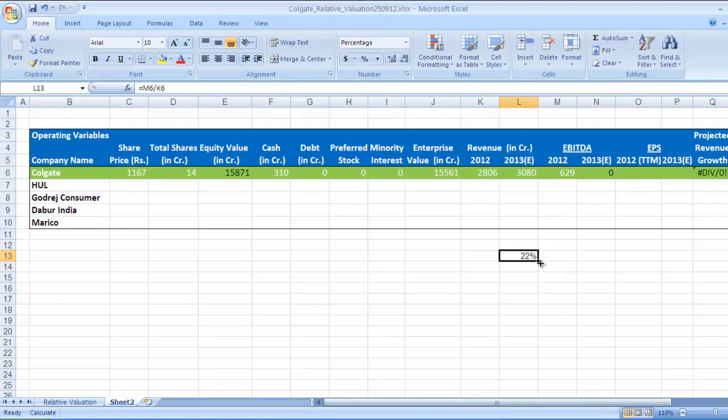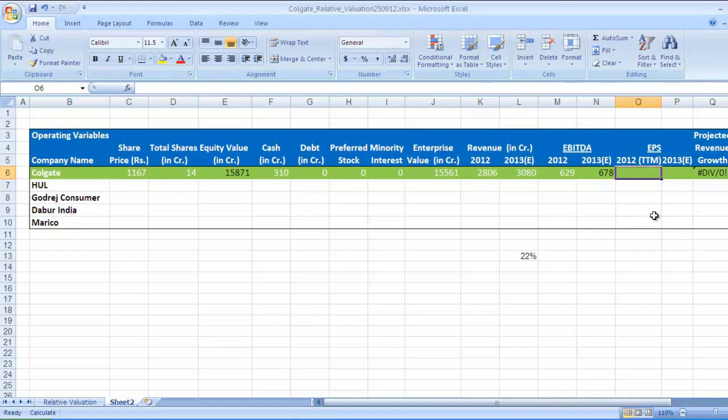So 22% of sales was the figure of EBITDA in 2012. So we will take this same figure for 2013 also. So 22% of 2013 revenue, 678 would be EBITDA for 2013.